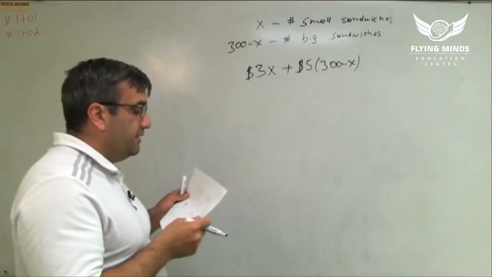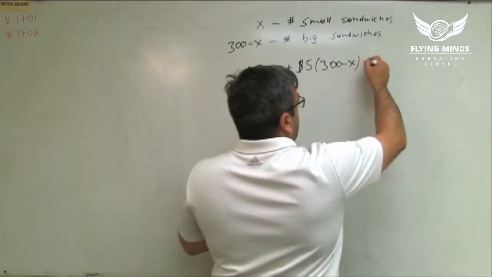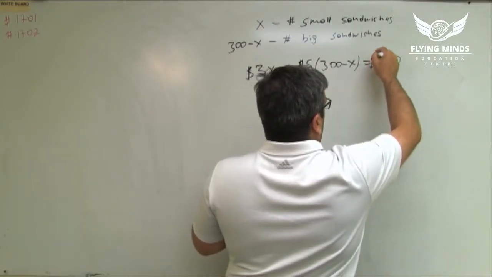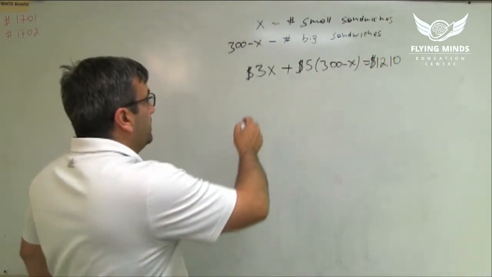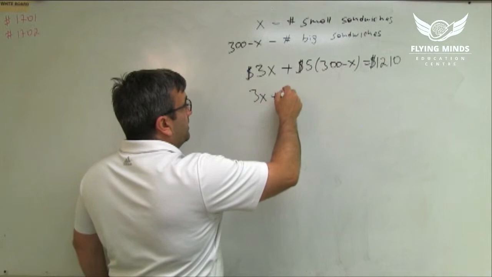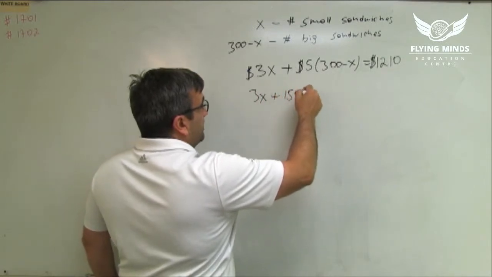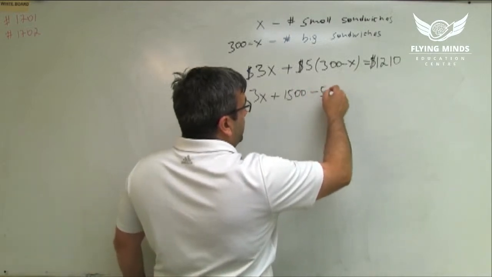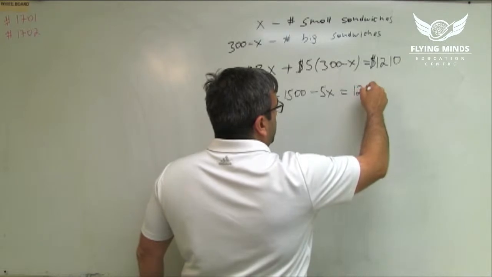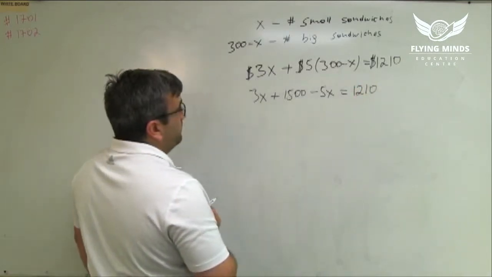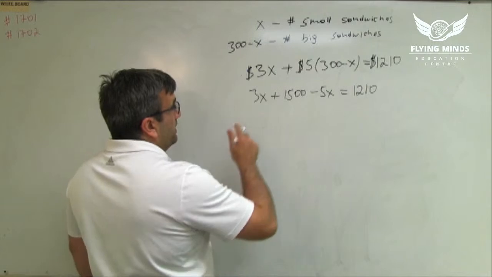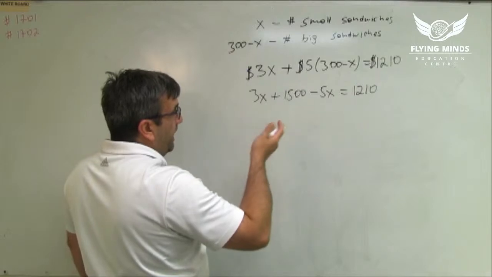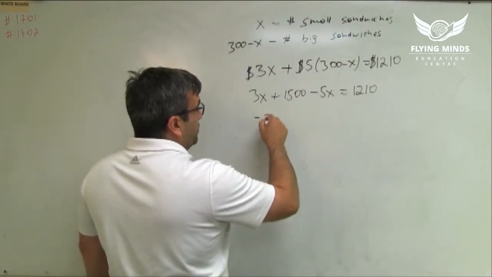So if we add these two values, our revenue is $1,210. Right? So now we solve it. We open brackets: 3x plus 1,500 minus 5x equals 1,210. So 3x minus 5x will be negative 2x.